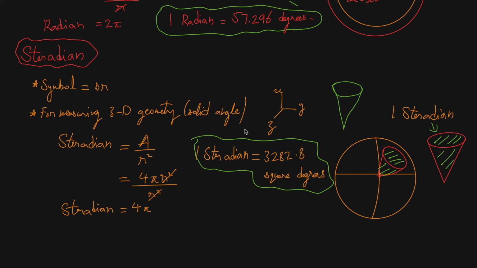It means that even if the circle is big or small, these two values will remain the same, no matter how big or small a circle or a sphere gets. One steradian will be equal to 3282.8 square degrees, and one radian will be equal to 57.296 degrees.